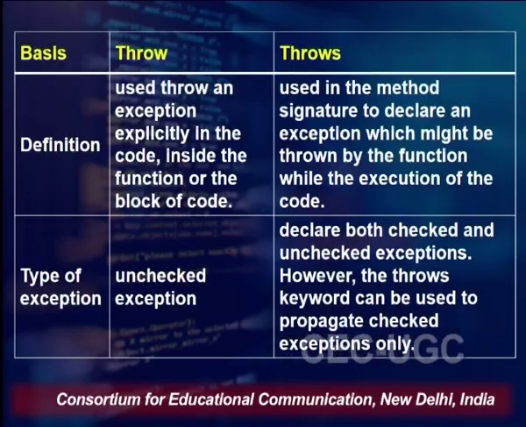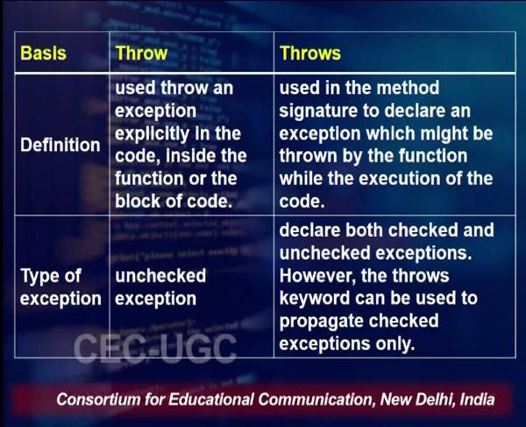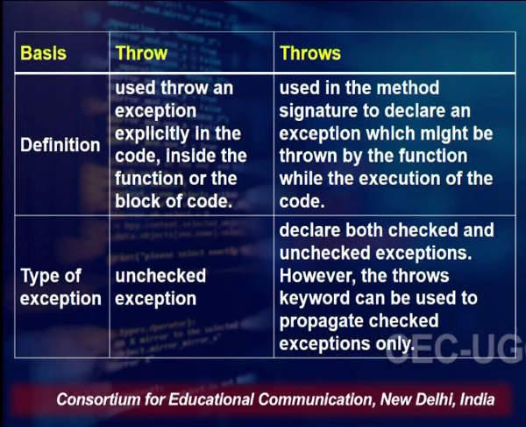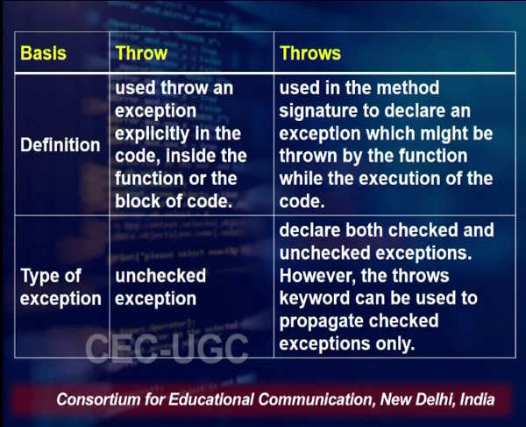We have the keyword throw, which is used to throw an exception explicitly in the code, inside a function or within a block of code. That means if you want to throw an exception explicitly, throw is the keyword, while throws is used within the method signature in order to declare an exception.